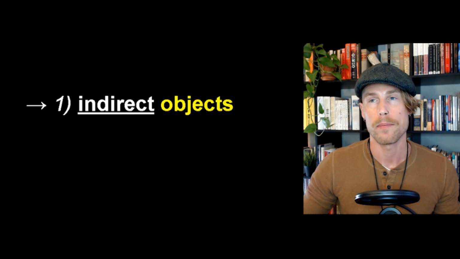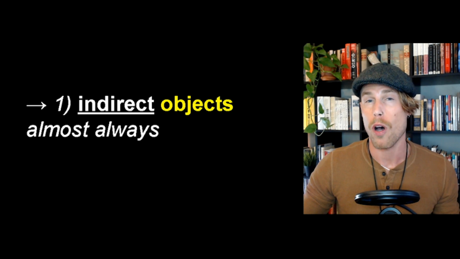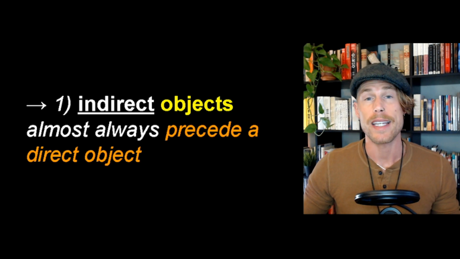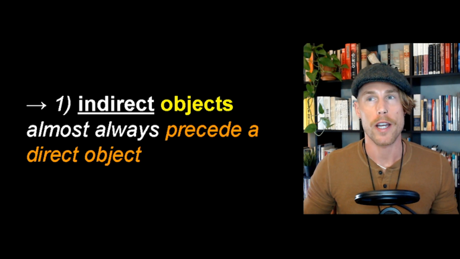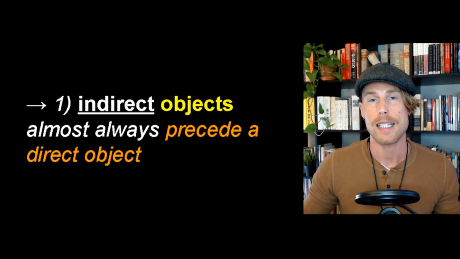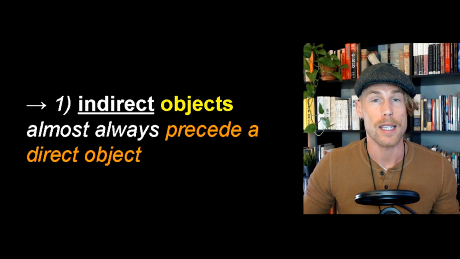Number 1, indirect objects almost always precede a direct object. What does precede mean?